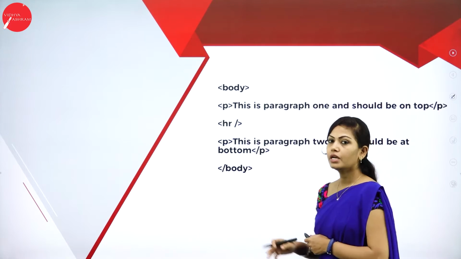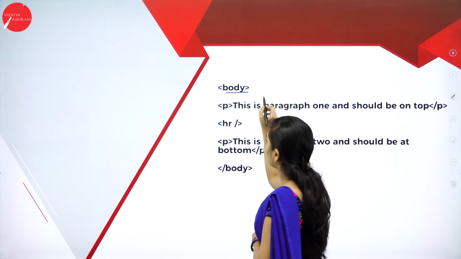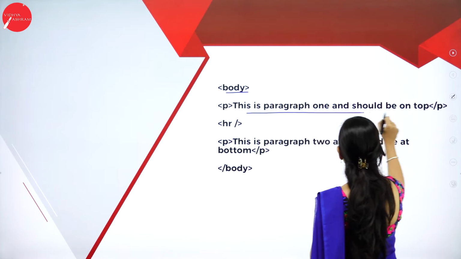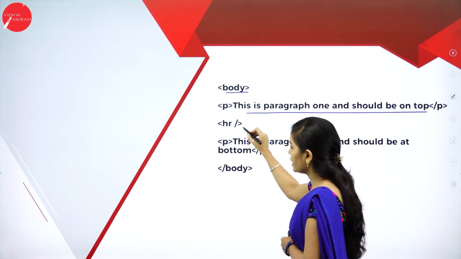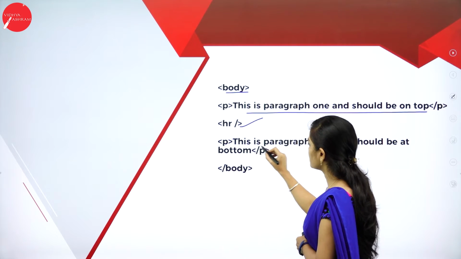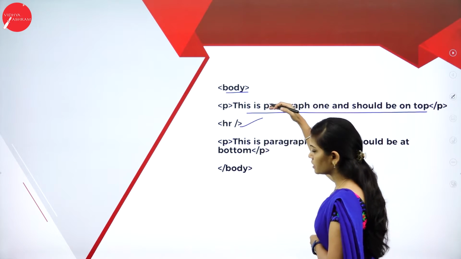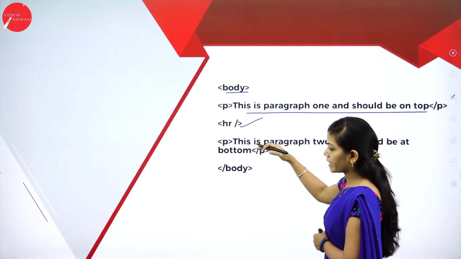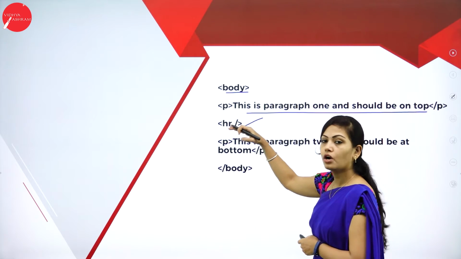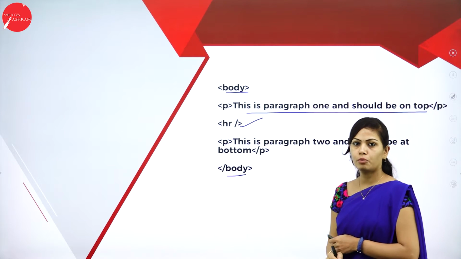And next, here is the example for the horizontal line. Inside a body tag, I will give the first paragraph, and again I will give HR slash, and here I will give, this is paragraph 2 and should be at bottom. So this is the first paragraph and the second paragraph. Inside I have given the horizontal line tag. So you can close this body tag.